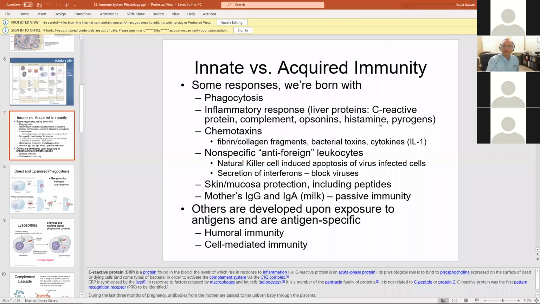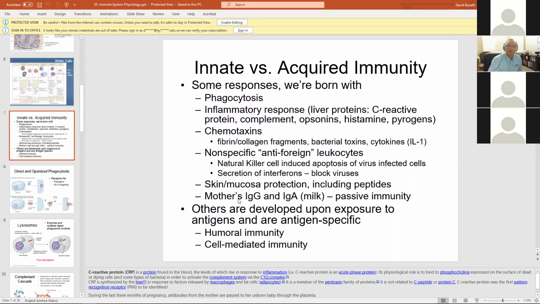Histamine is released by the basophils and mast cells. Pyrogens can destroy cells. All of these are part of the inflammatory response. Plus we have chemotaxins like cytokines, and our mucosa, including peptides in our skin and mucosa that can kill.